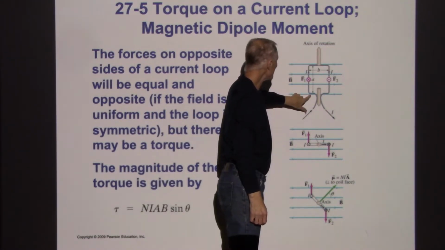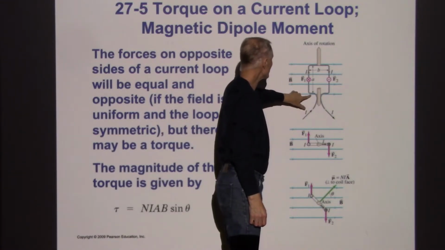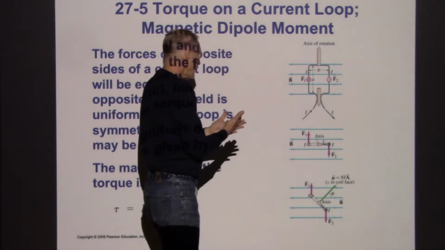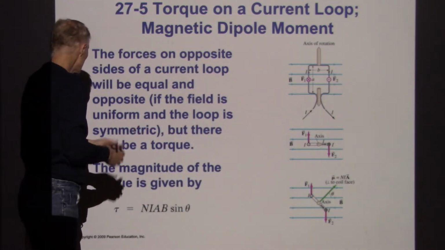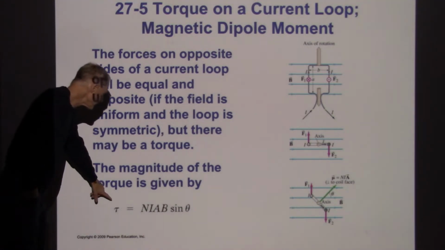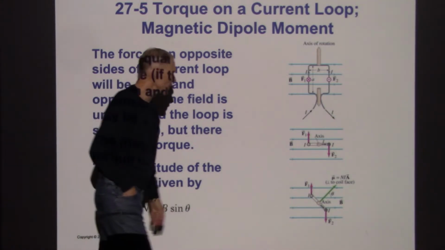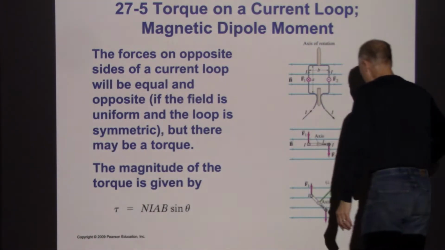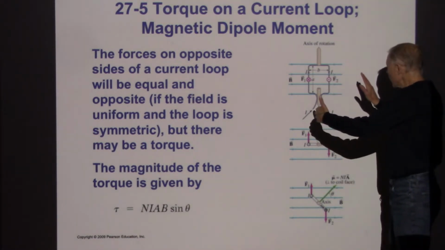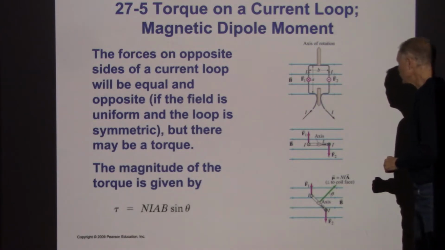Now, the force that we get is going to be proportional to the length, and so that's A. When we combine all those factors together, we find out that a loop of current produces a torque given by NIAB sine of theta, where theta is the orientation between the loop and the magnetic field.